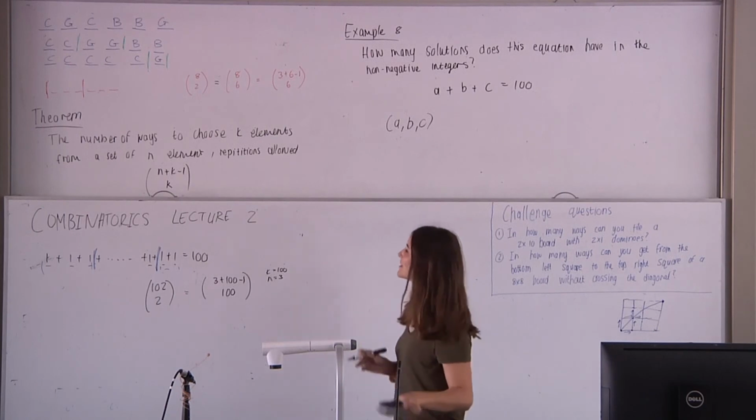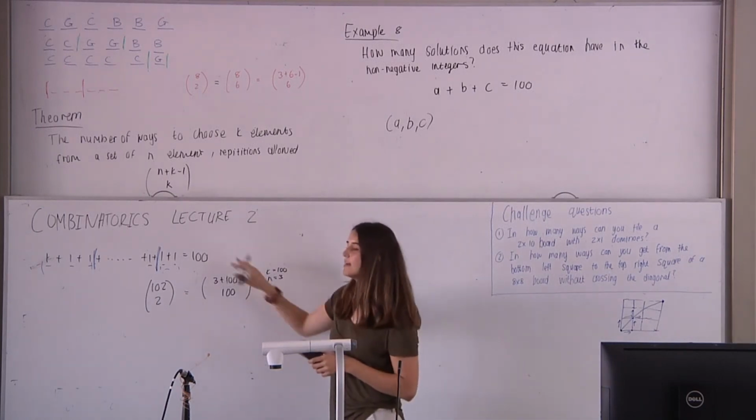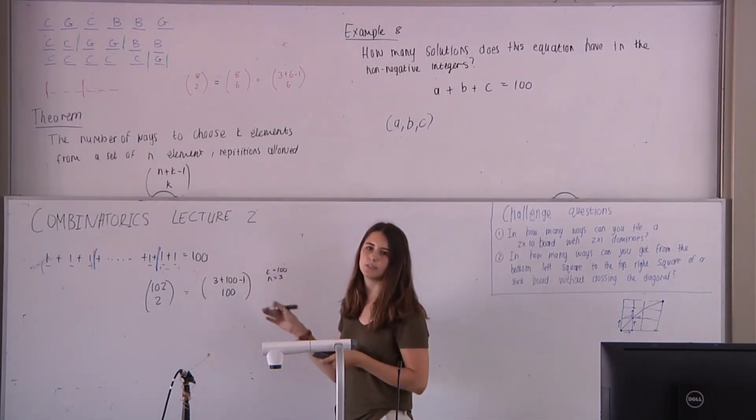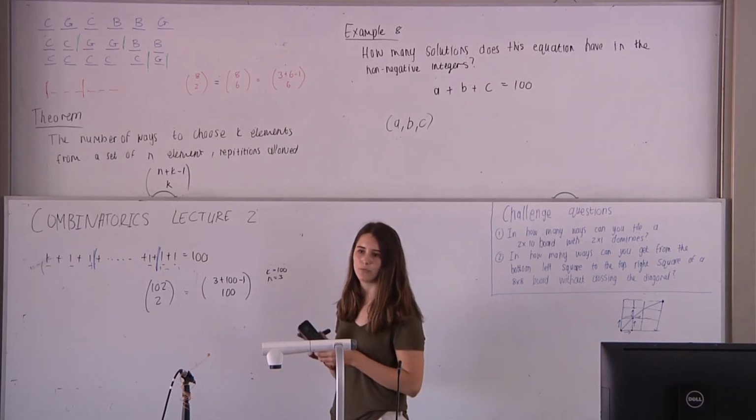That's why the formula is a bit hard for me to visualize. I prefer talking about 102 positions and you choose 2 positions for the bars.